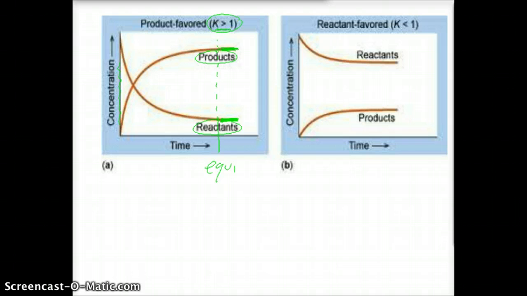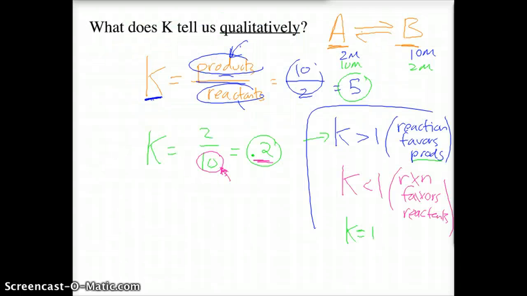On this side, we're at equilibrium about here. I can tell because the concentration of products and reactants is remaining constant. Now we can see that I have way more reactants than products, and therefore K is going to be much less than 1. So what you need to be able to walk away with today is an understanding of what K tells us, depending on if it's greater than 1, less than 1, or equal to 1, and why.